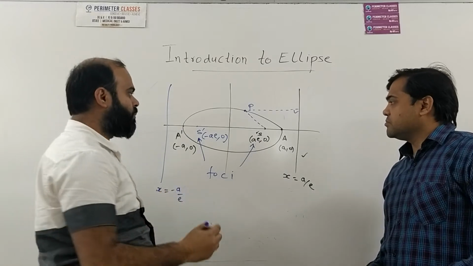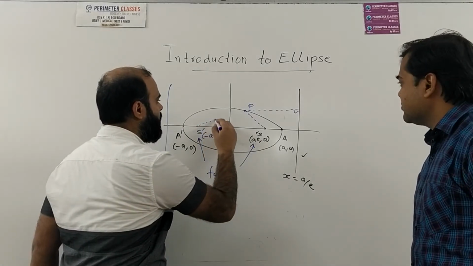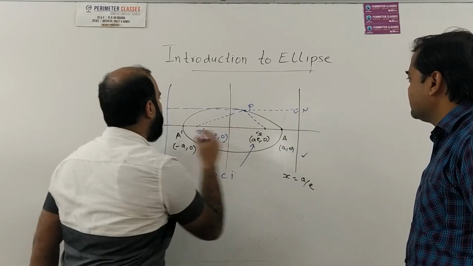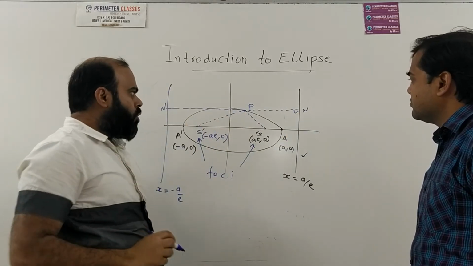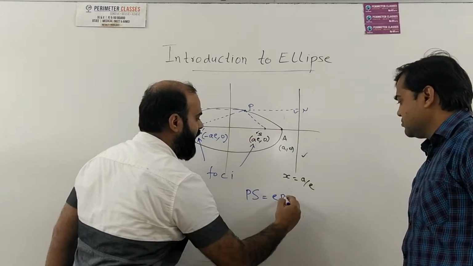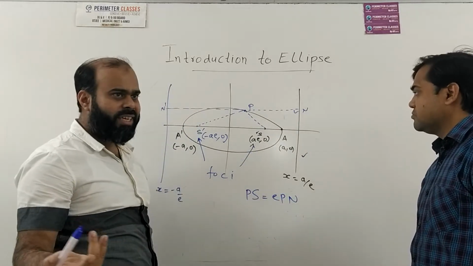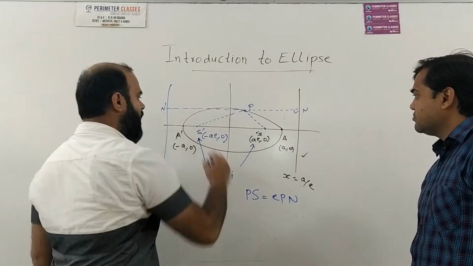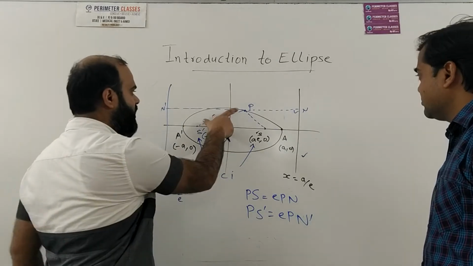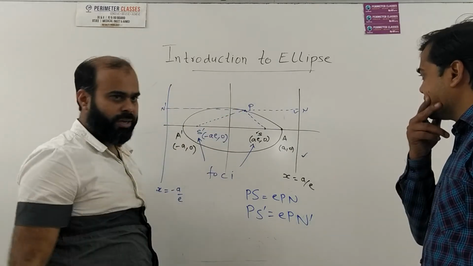So if you take PS', and this is N, this is N', then PS is actually e times PN because the ratio will be e, that is the definition of the ellipse, and PS' is equal to e times PN'. This distance by this distance is also the same e.